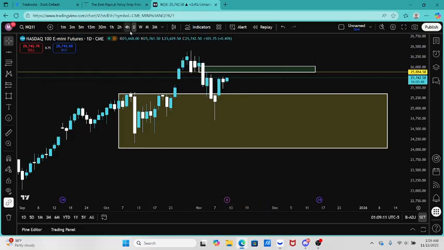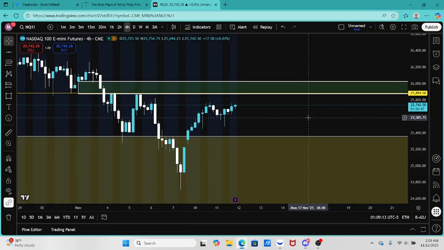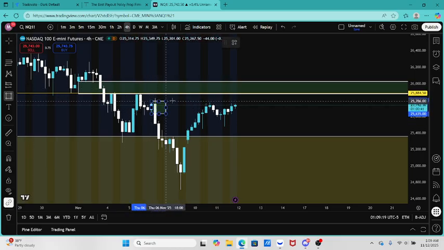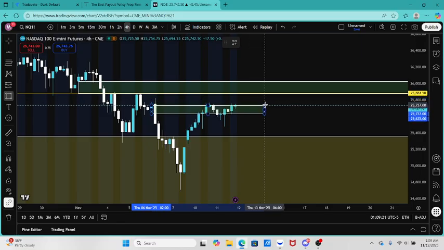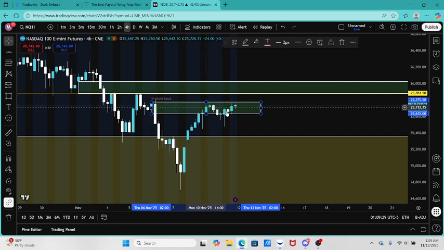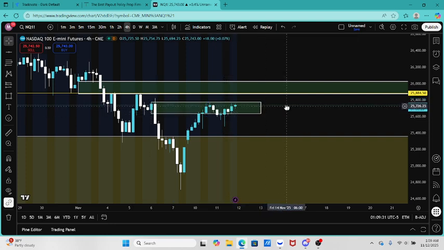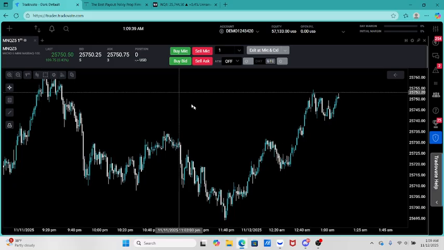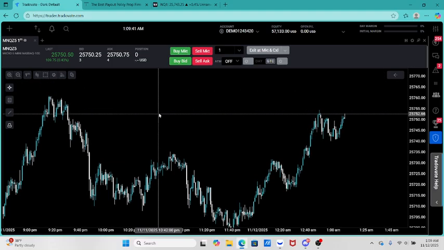Let's keep going down these lower time frames. So this order block right here, see what this is looking like. This is currently what we're fighting right now. Because we're in that thing right there. The top of that order block is 25,755. Where are we at right now? 25,7. Okay.